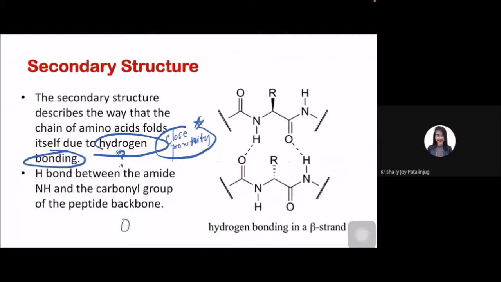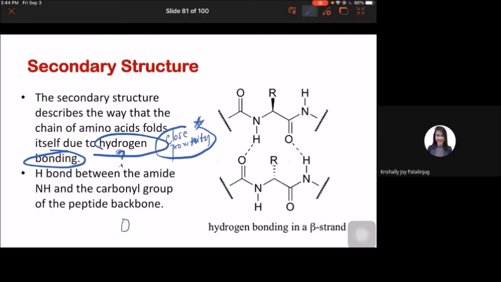The hydrogen bonds are formed between the amide N-H and the carbonyl carbon of the peptide chain or the peptide backbone.